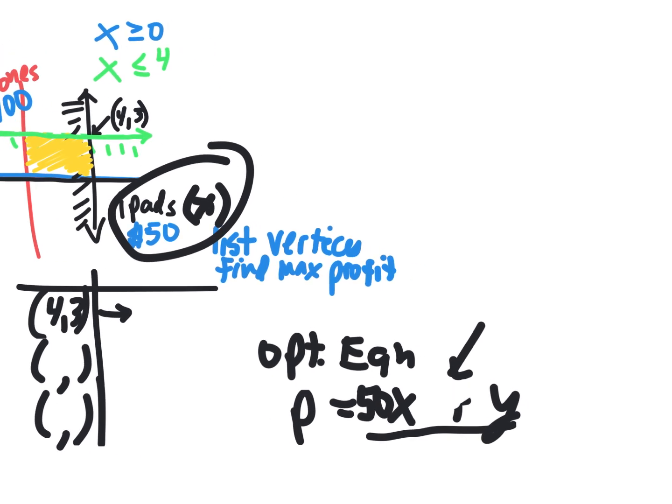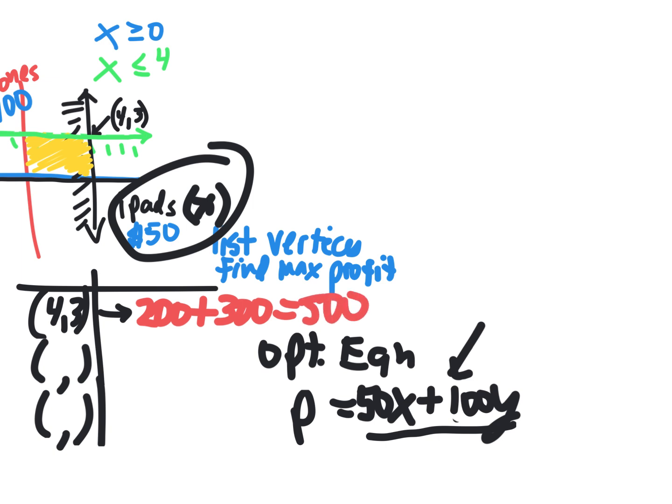I'm going to move my plus sign over a little bit. And then I'm going to stick in the 4, 3. I know that's where the max is going to be. I can just look at it and tell. But you're still going to have to show that it was 4 times 50 is 200 plus 3 times 100 is 300 makes 500. Did you guys get 500 max profit?